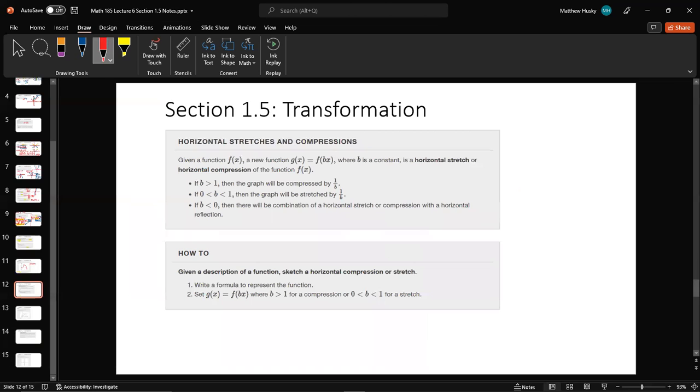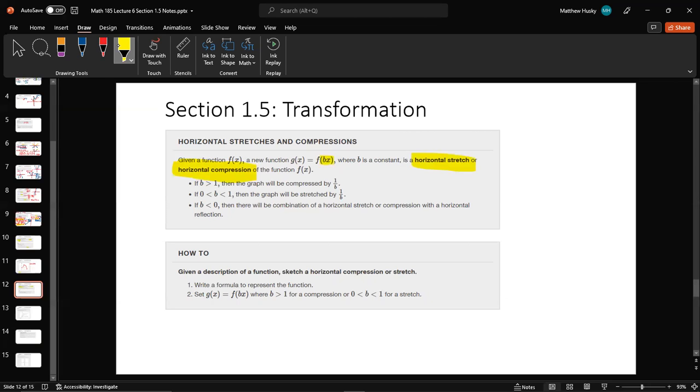If you do something inside with the x, that's going to be a horizontal stretch or a horizontal compression. So again, anytime you're inside with x, it's going to have an impact on the x direction. So it's going to squish you horizontally or stretch you horizontally.